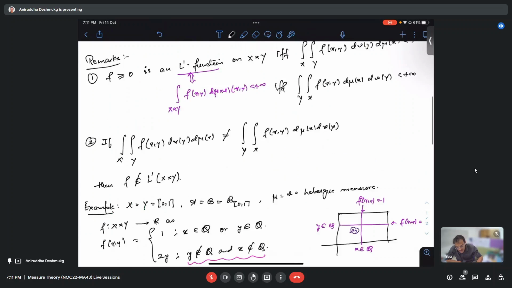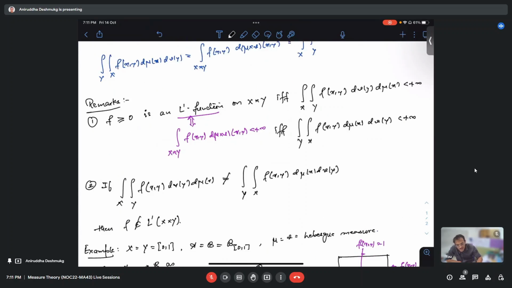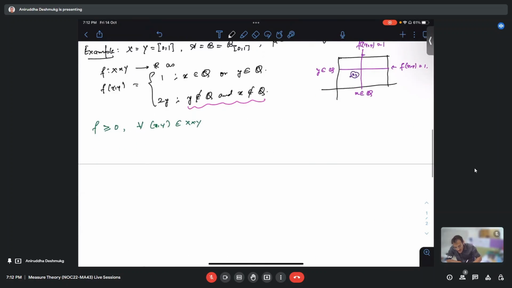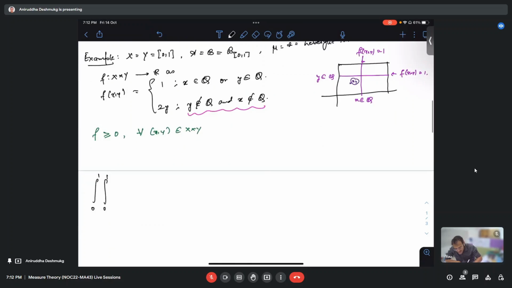Then it is L1 if and only if one of the two iterated integrals is finite. Let us look at this iterated integral. Since both the spaces are the same, it doesn't matter whether we take X cross Y or Y cross X, but still one of them is going to be easier to write. So let us write the integral of f(x, y) d nu(y) d mu(x).